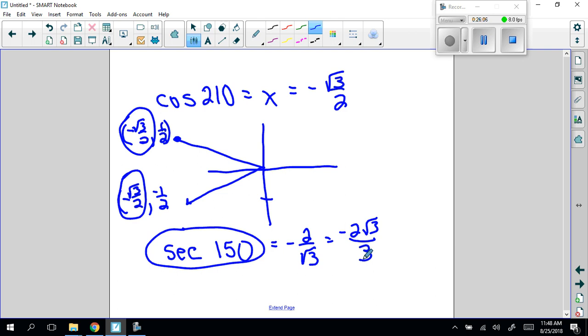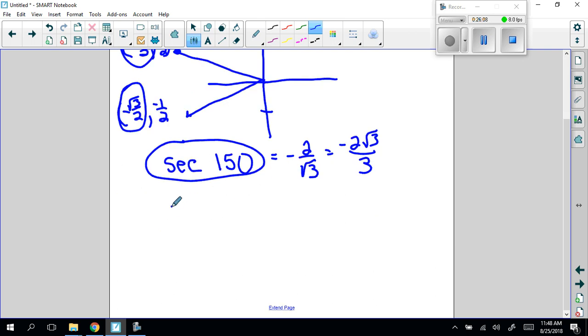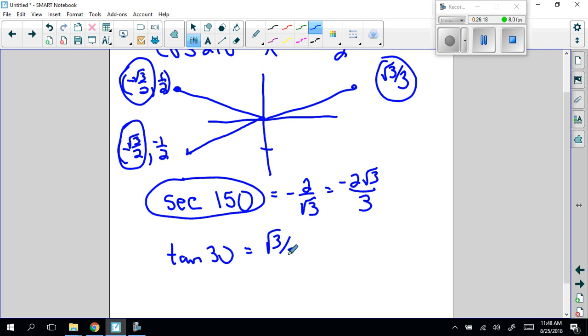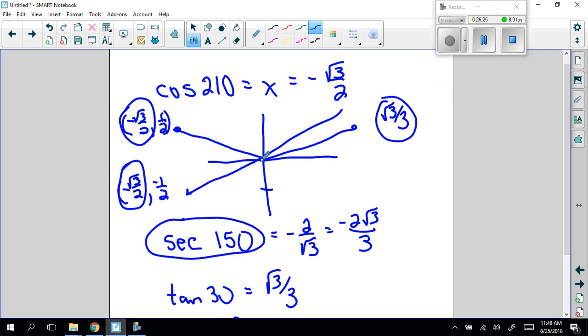Now, if somebody says tangent 30, you just look at your little root 3 over 3, and that's your tangent 30. Somebody says cotangent 60, if you have that, that's the square root of 3 for tangent.